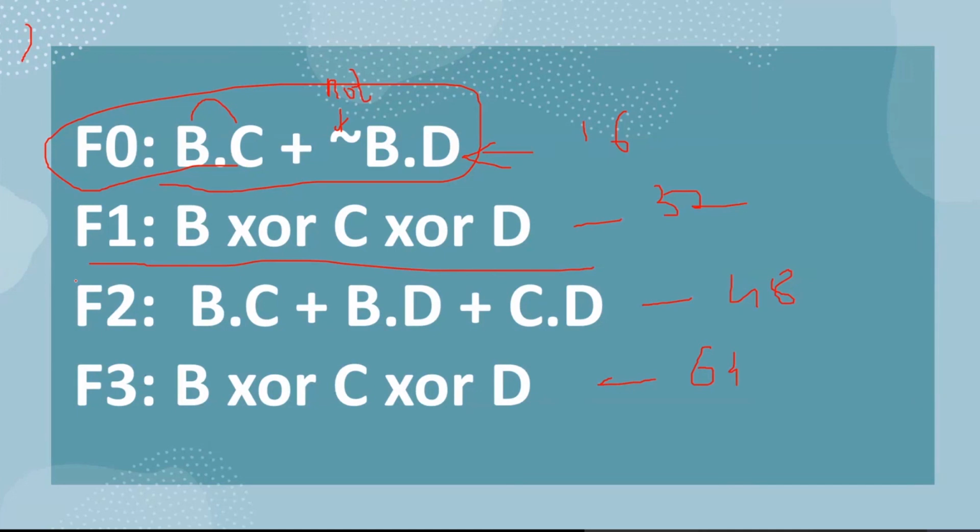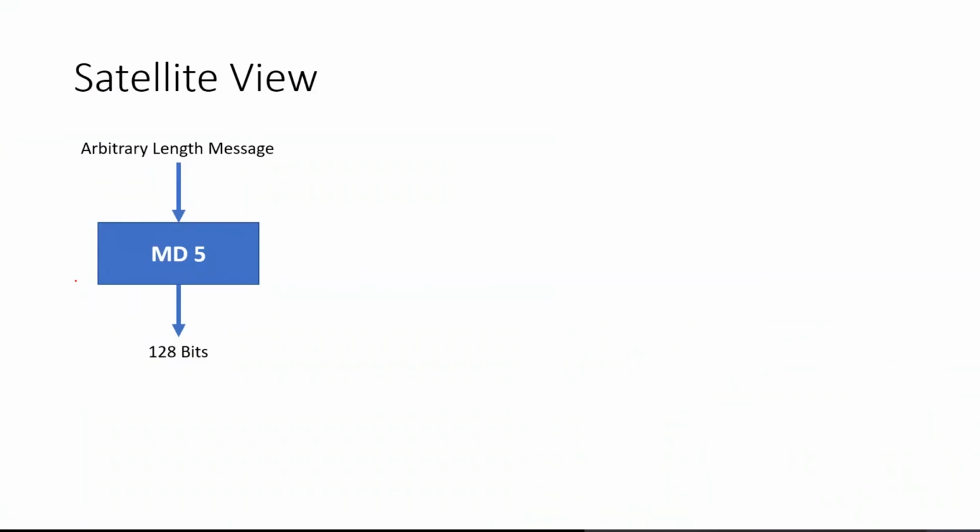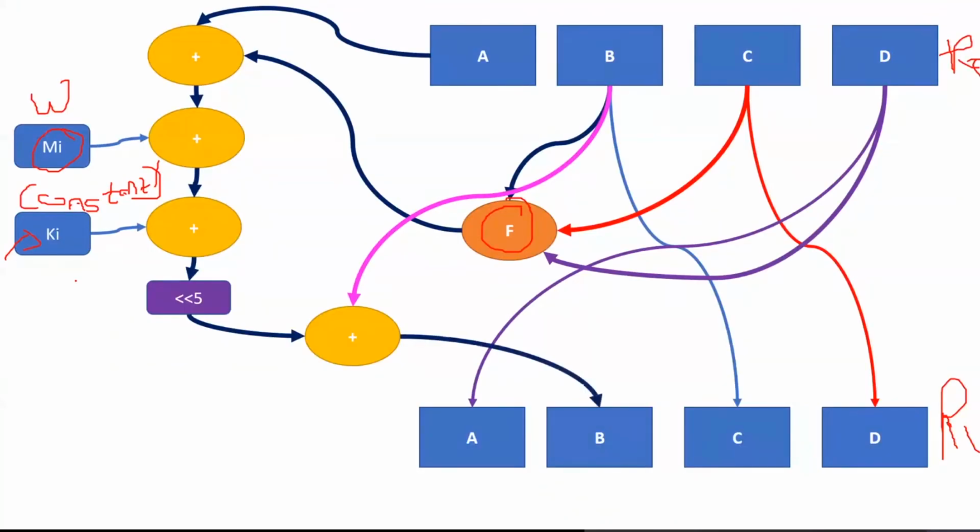Similarly, the value of the constant Ki also changes with each stage. There are 4 values of K, from K0 to K3, and the value used depends on which stage we are in.